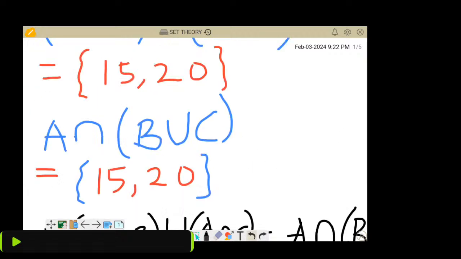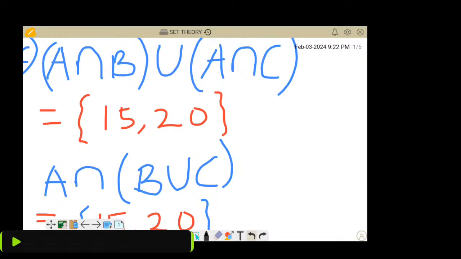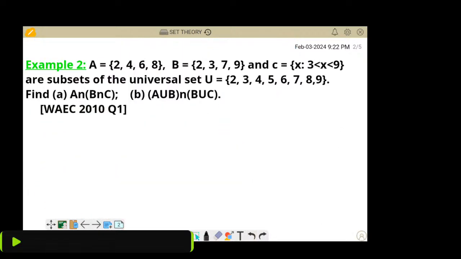Okay, let's go to the next example. In our second example, we have set A, which is 2, 4, 6, 8. The elements of set B are 2, 3, 7, 9, and set C is equal to x, such that 3 is less than x less than 9.